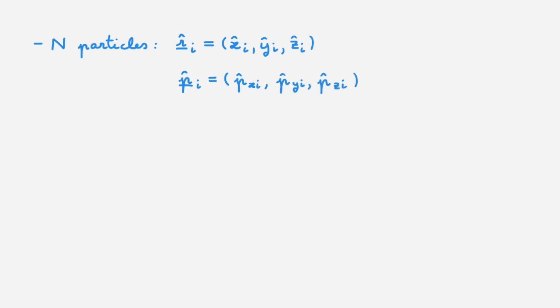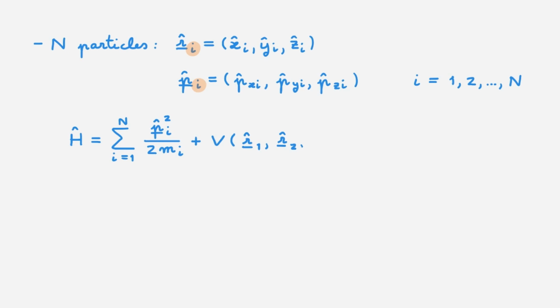The subindices i here and here label the different particles, and i runs from 1 to n. For this system, we can write the Hamiltonian H as equal to the sum of the kinetic energy operators for each particle, plus the potential energy, which in general depends on the positions of all particles.